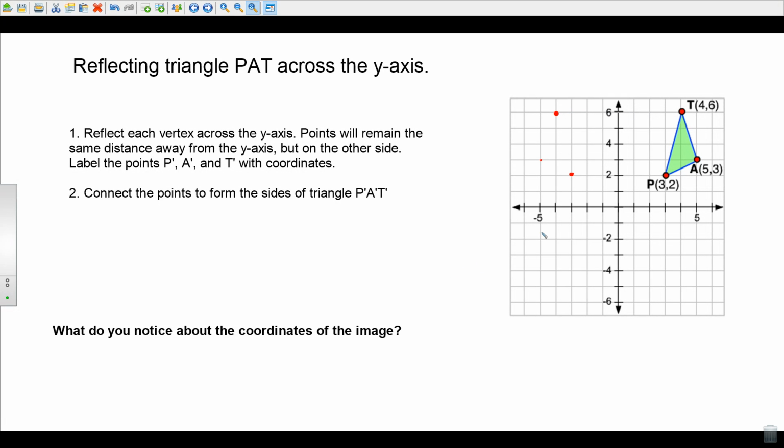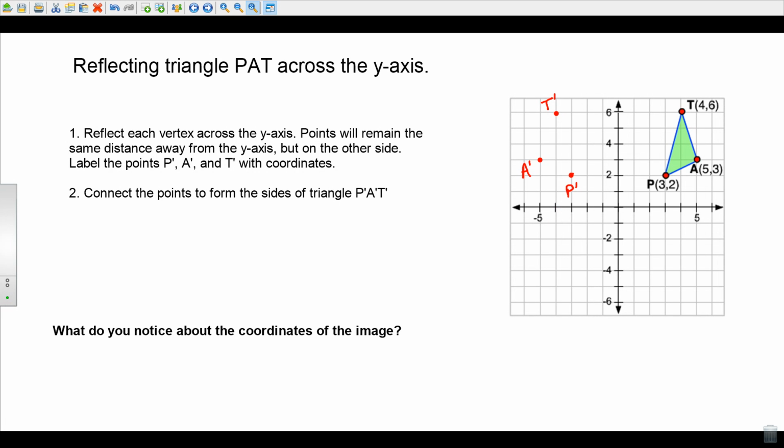it'll be right there. So here's point P, point A, point T, and I should be calling this P prime, A prime, T prime. So let's label those. So this is P prime, A prime, T prime.